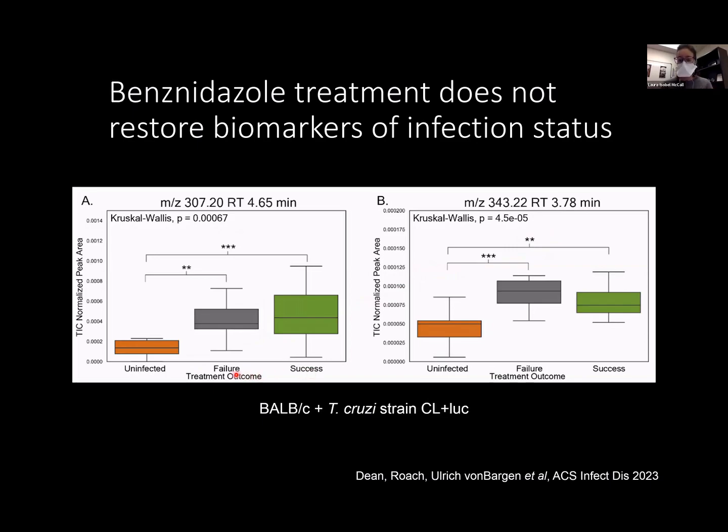And this enabled us to validate our biomarkers in a third independent cohort because they show very nice differentiation between our uninfected mice and our treatment failure mice. But you'll notice that if you look at our treatment success mice, they basically look the same as the treatment failure mice. And so what we found is that those biomarkers did not renormalize even after killing off all the T. cruzi parasites in these mice.